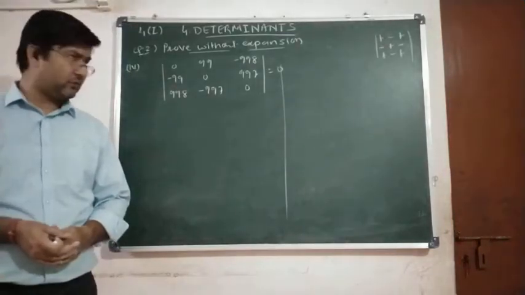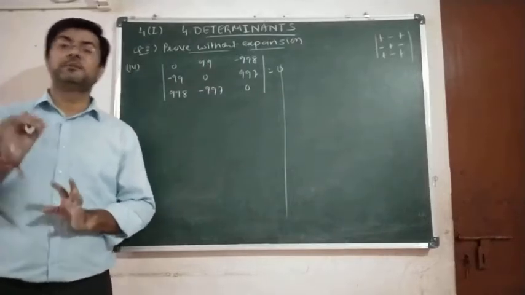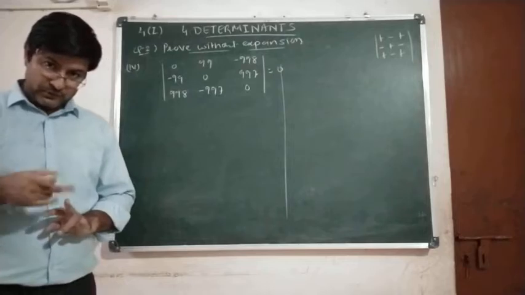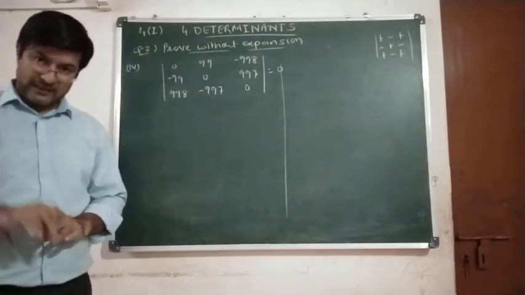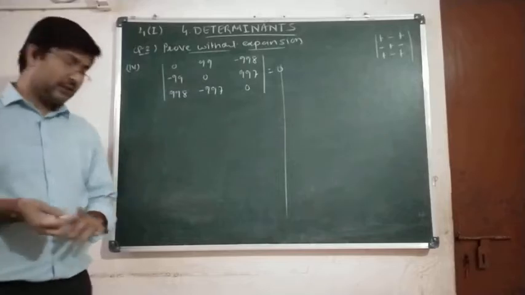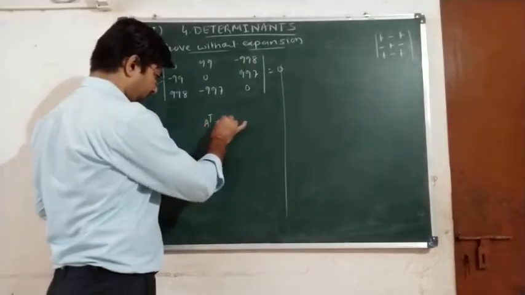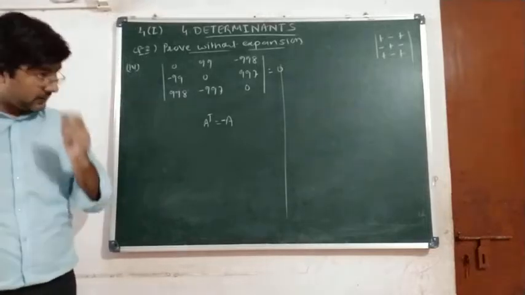while learning the various kind of matrices, we had learned one kind, that is the skew symmetric matrix. Okay, in that matter, what is the skew symmetric matrix? If A transpose is equal to minus A, then the matrix is skew symmetric. We know this fact. If A transpose is equal to minus of A, then we can say that matrix A is skew symmetric.